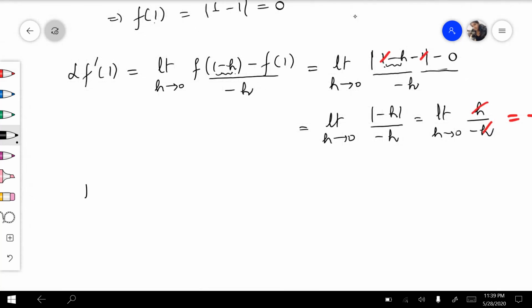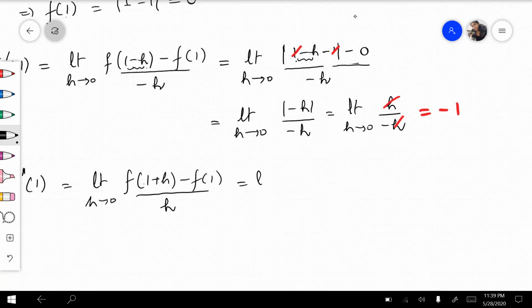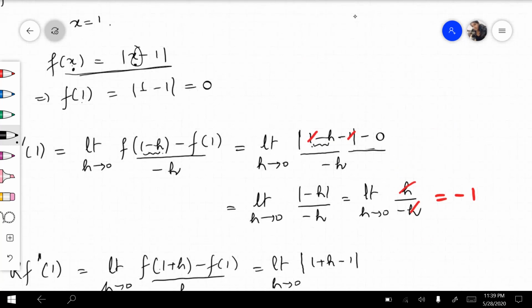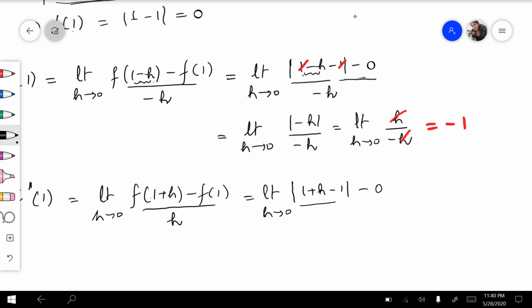इसी तरह से we'll calculate the right hand derivative at 1, which is equal to limit h goes to 0 of f of 1 plus h minus f of 1 upon h, which is equal to limit h goes to 0 modulus of 1 plus h minus 1, again x की जगह पर 1 plus h, minus f of 1 is 0 upon h.